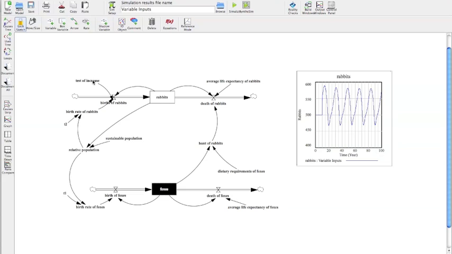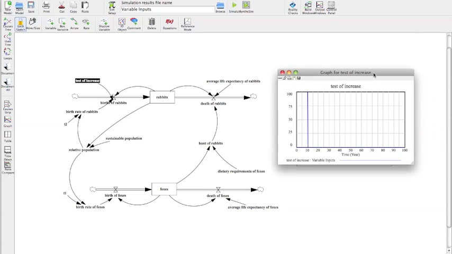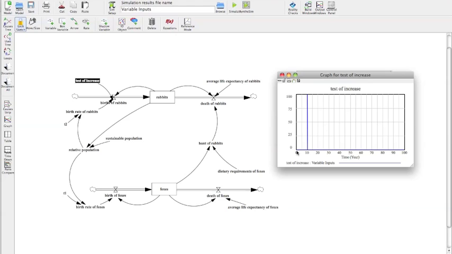I think it's probably interesting to look at the graph of the increase, and you can see the pulse here. So the pulse was at 10 years for half a year. So for 6 months, you introduce 100 rabbits, and then the pulse died away. So it's a sudden introduction of rabbits into the system to see how they affect the remainder of the dynamics.